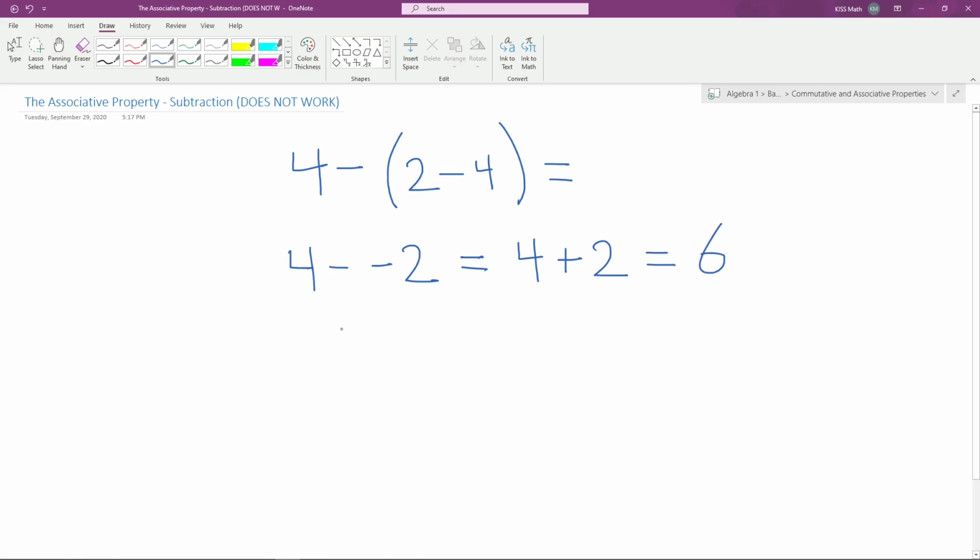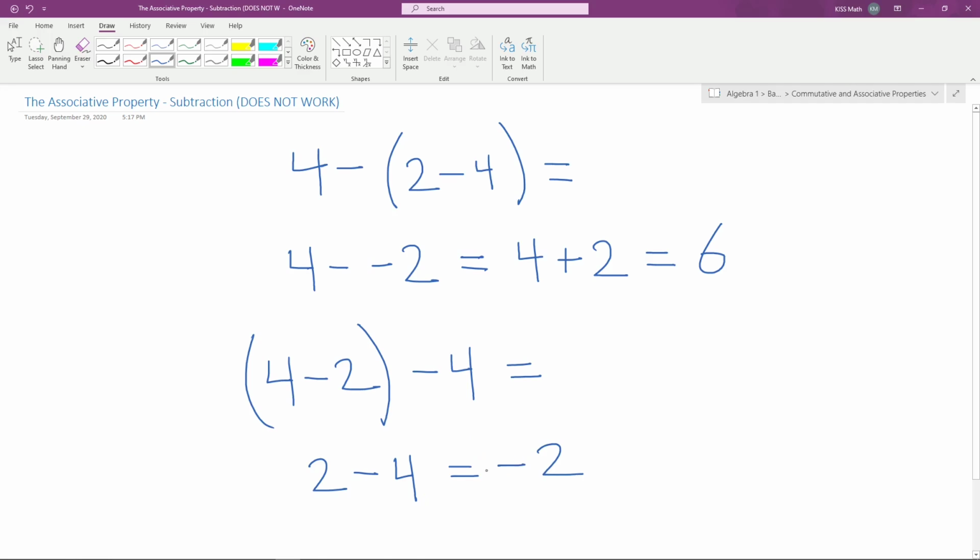Now instead, if we had 4 minus 2 in parentheses, then a -4, we would have 4 minus 2 is 2, minus 4, that would be a -2. So you can see, because we changed where the parentheses were, that changed our answer from 6 to -2, which is why this associative property does not work for subtraction.